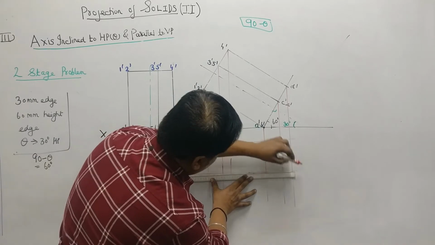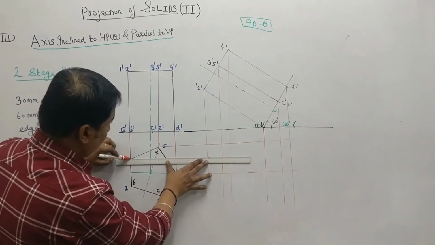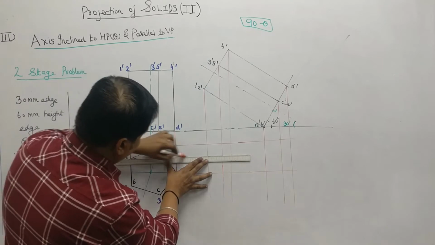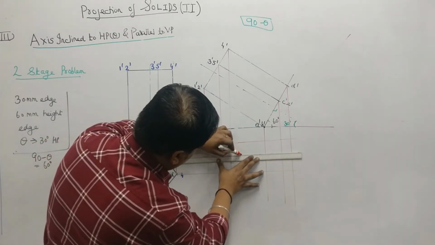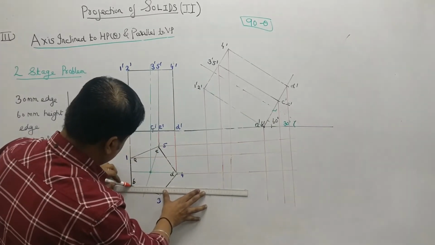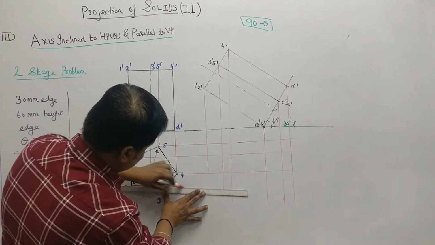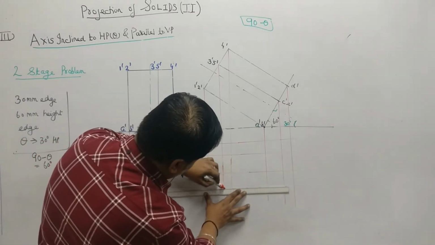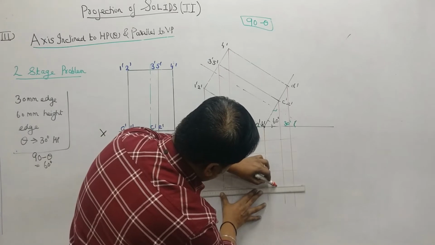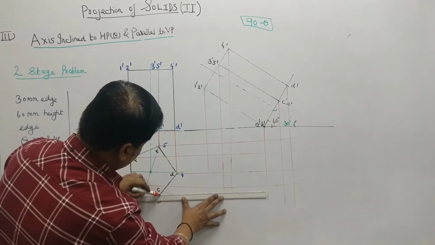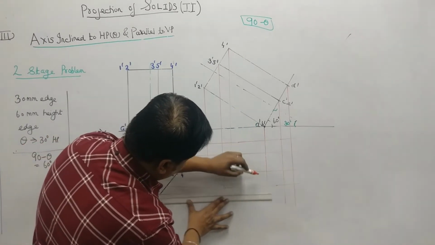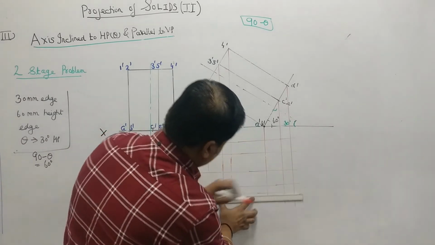Whether it is pyramid, cone, cylinder, or any solid, we have to apply the same concept. So just keep in mind what we have done: first make that solid standing on HP, then incline on the basis of the edge or the corner which is given on the top. Okay, so these are the locus.